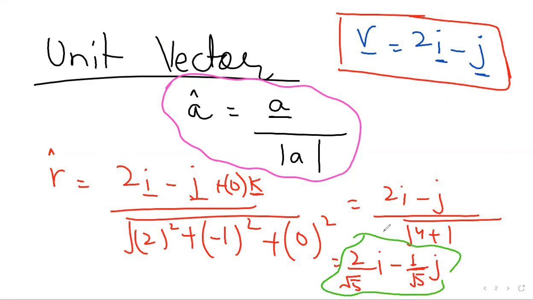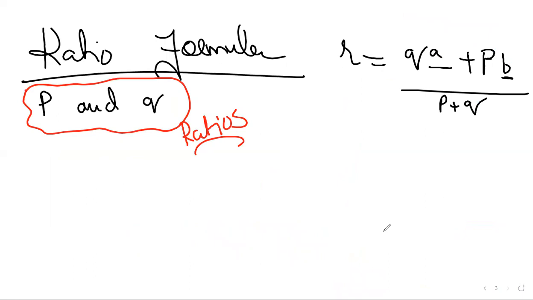Now the next concept is the ratio formula. P and Q are the ratios.